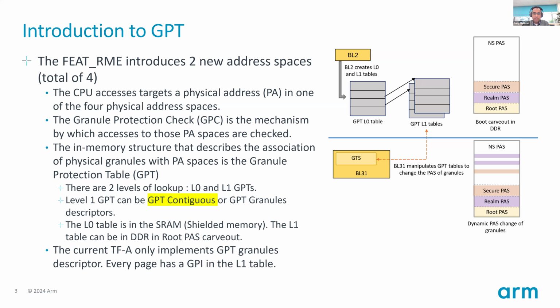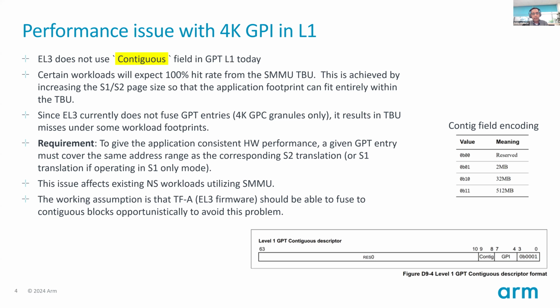I highlighted the contiguous field in my previous slide. Now there is a performance issue if we use 4K GPIs in L1. Certain workloads will expect a 100% hit rate from the SMMU TBU. This is usually achieved by increasing the stage 1 and stage 2 page size so that the application footprint will fit entirely within the TBU.